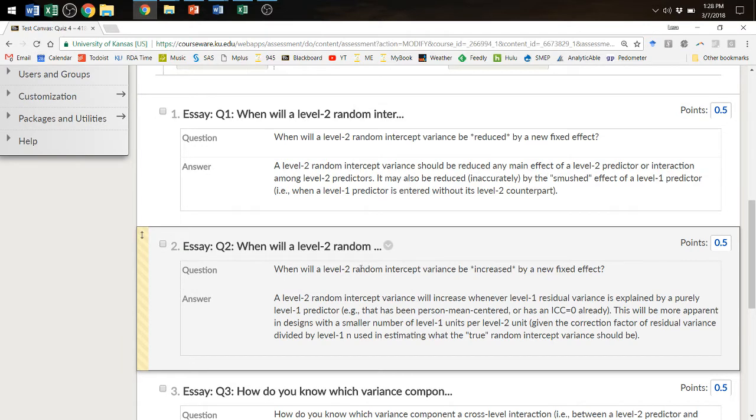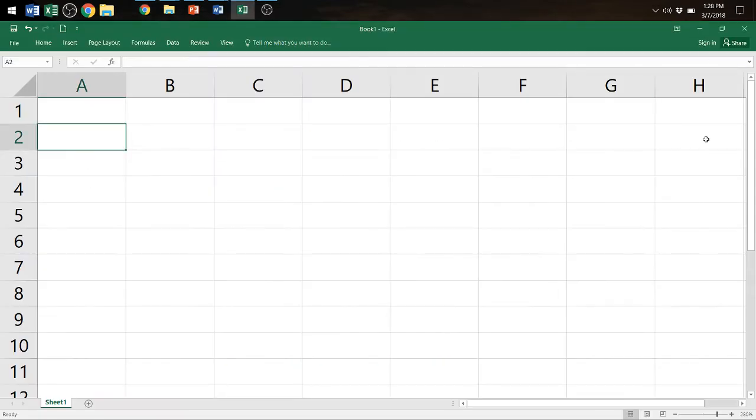And then when will the opposite happen? When will the level 2 random intercept variance be increased after adding a new fixed effect instead?